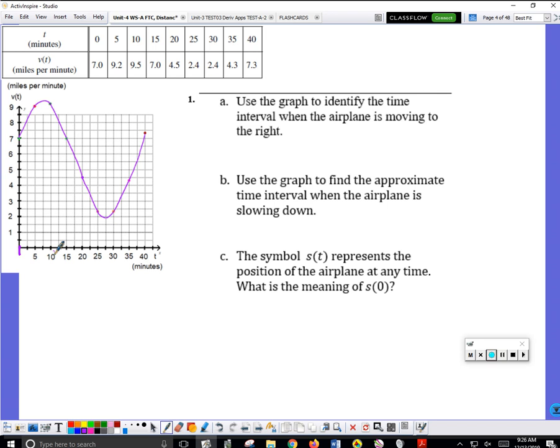The table's a little bit ambiguous. Who has an answer? Show me your hand. Let's go, Kylie.